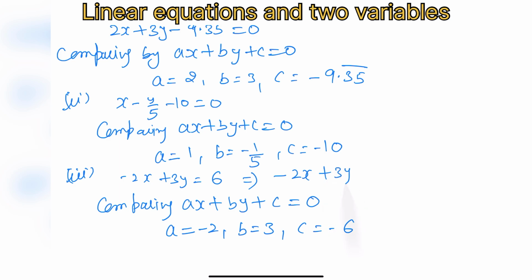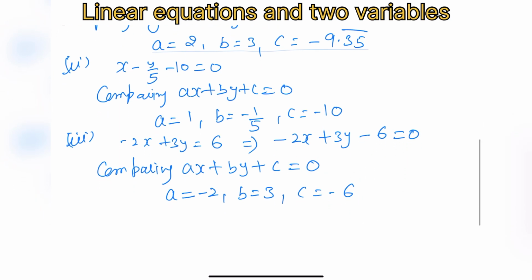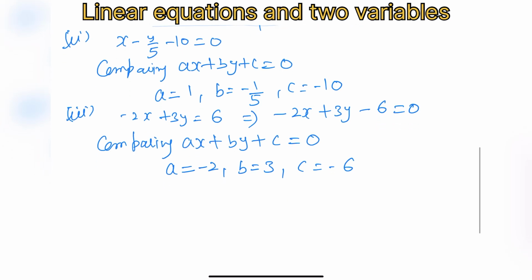So minus 2x plus 3y minus 6 is equal to 0. Now we compare it with ax plus by plus c is equal to 0. So we got value of a is minus 2, b is equal to 3 and c is equal to minus 6. Now the fourth part is x is equal to 3y.